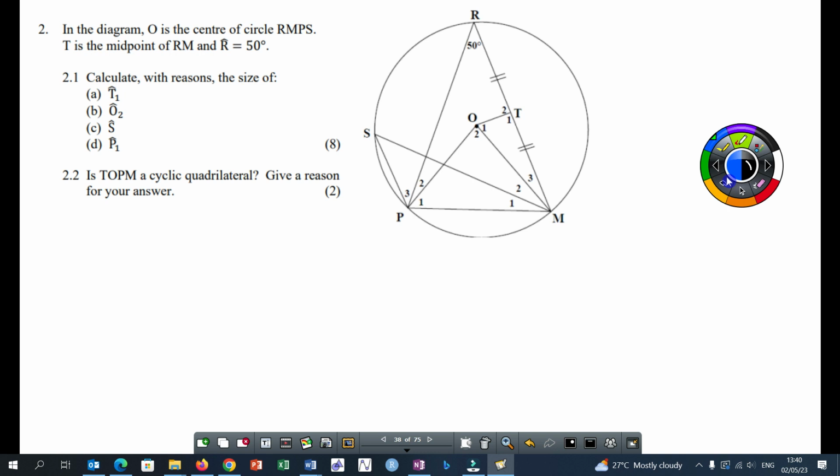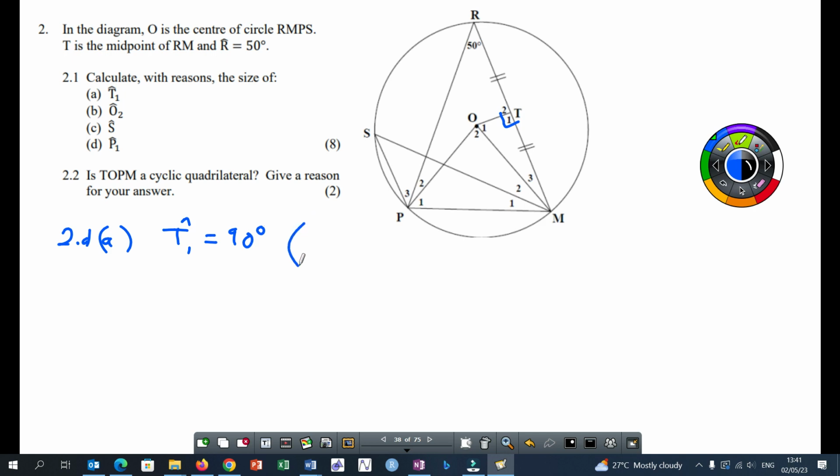So 2.1 says calculate with reason the size of T1. So T1 is that. Now, you don't really need to do a calculation to get T1. So T1 is equal to 90 degrees.